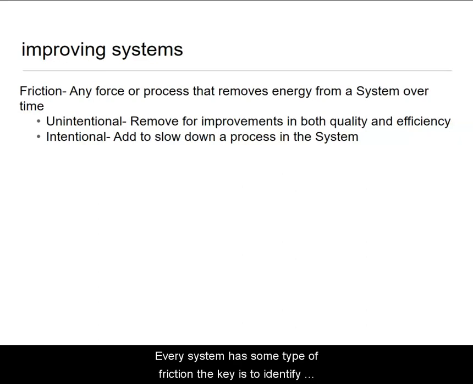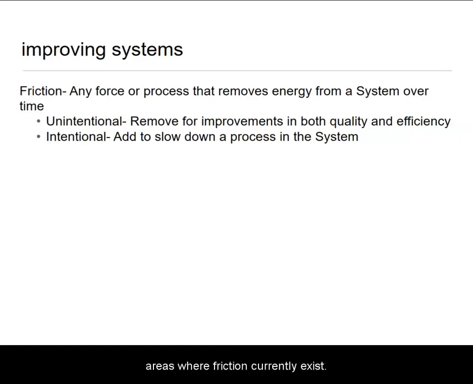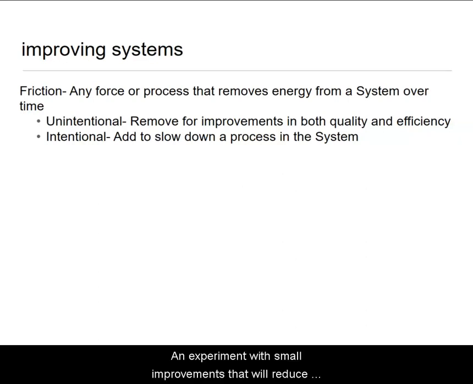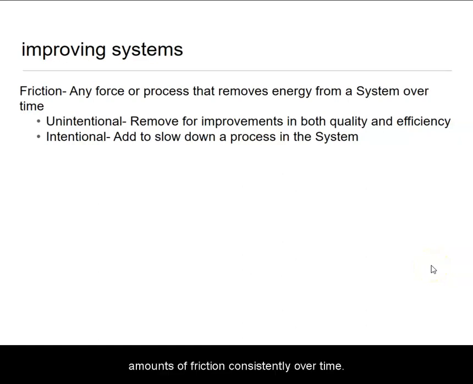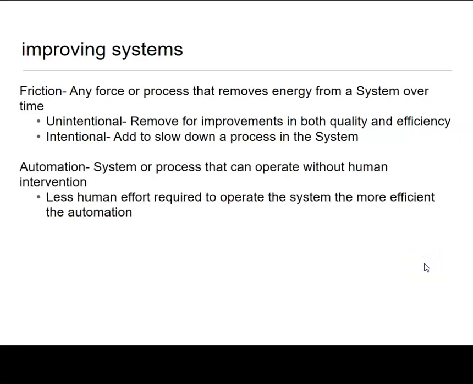Every system has some type of friction. The key is to identify areas where friction currently exists, then experiment with small improvements that will reduce the amount of friction in the system. If you remove small amounts of friction consistently over time, you can accumulate large improvements in both quality and efficiency.